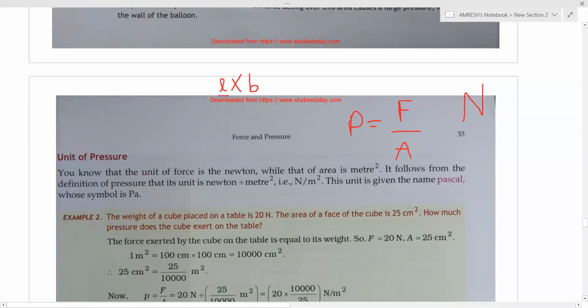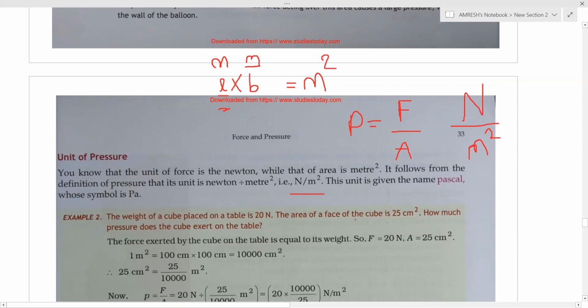The SI unit of length is meter and breadth is also meter. So anything multiplied 2 times makes it square, that is meter square. So Newton by meter square is the SI unit of pressure.